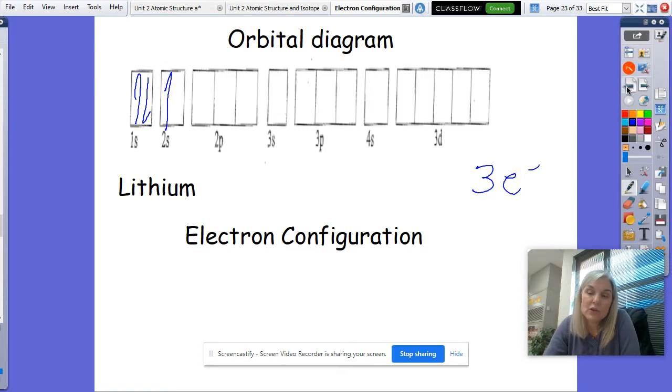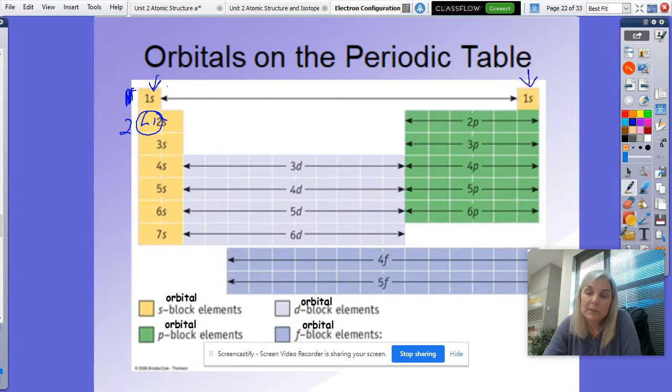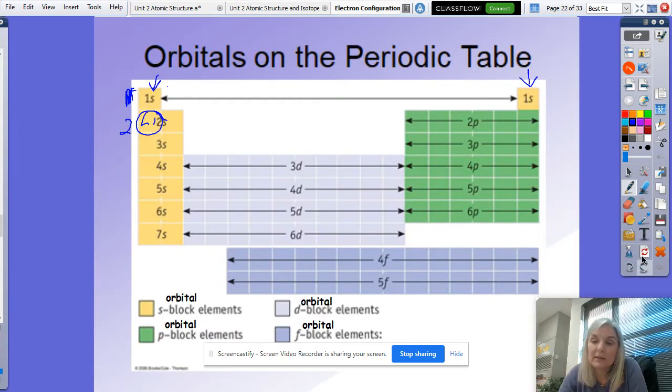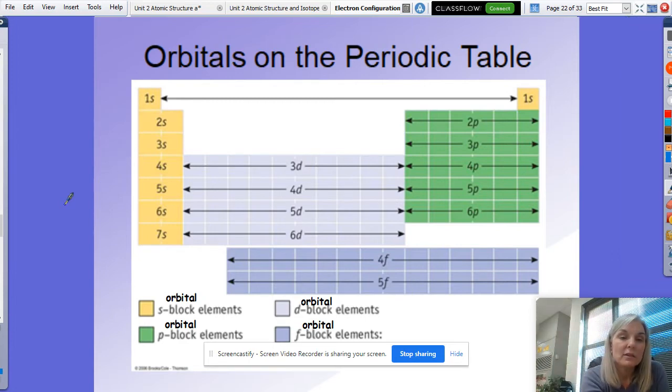So let me show you that again. So let me clear that. So this is period 1, period 2. You should see that going down the side of your periodic table. So I want lithium, and lithium is right here.